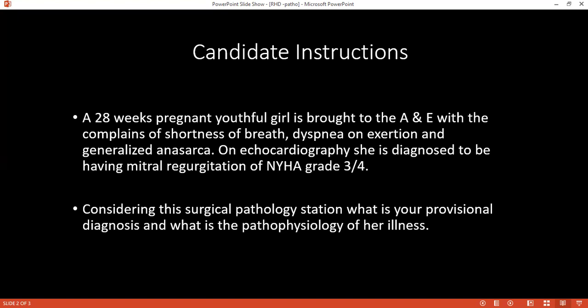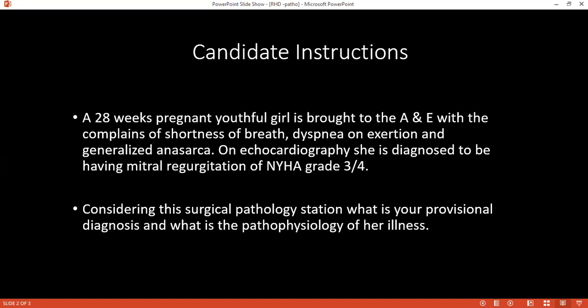The patient has come with mitral valve regurgitation 3/4. It's severe mitral regurgitation, and it's common in pregnant females of Asian background. That history gives you an immediate hint that it could be rheumatic heart disease. What would you do?